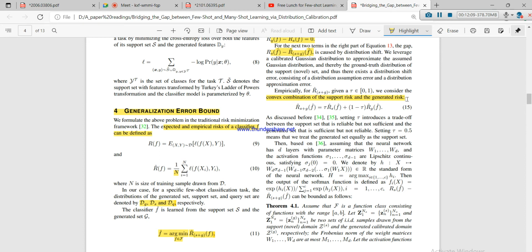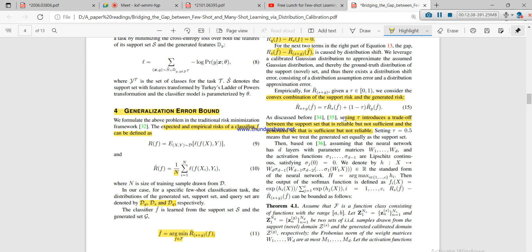As discussed before in the paper, setting tau introduces a trade-off between the support set, which is reliable but not sufficient, and the generated set, which is sufficient but not reliable.